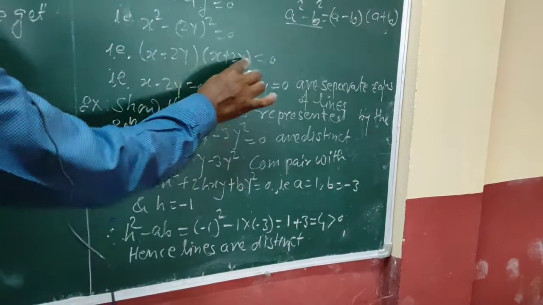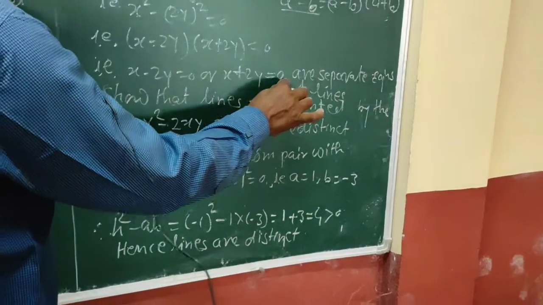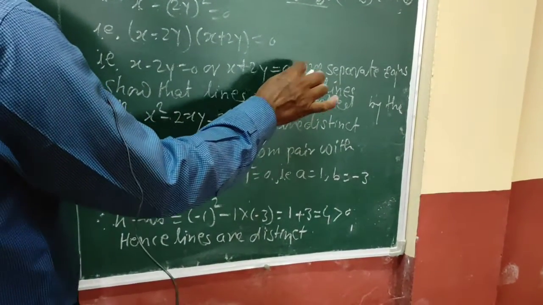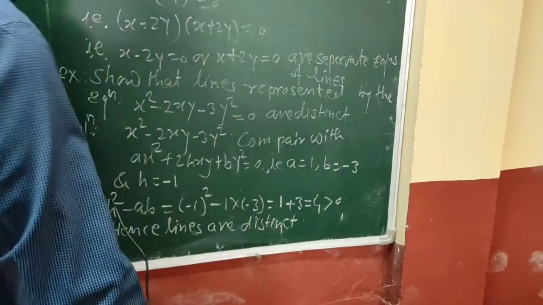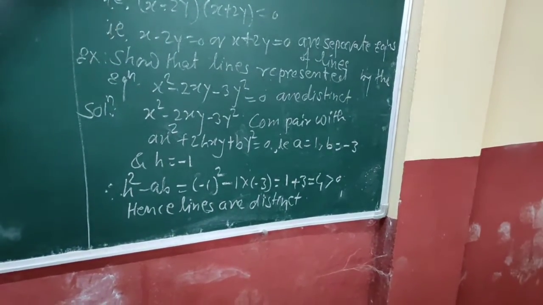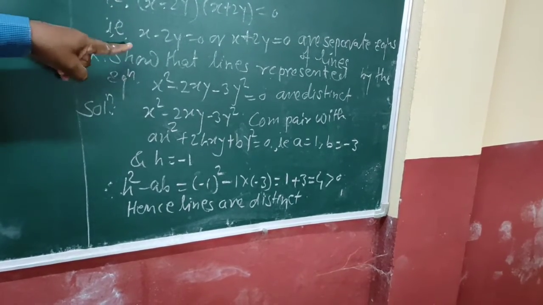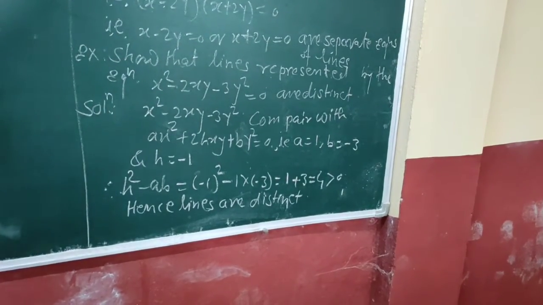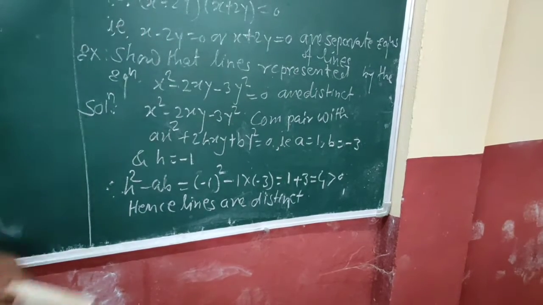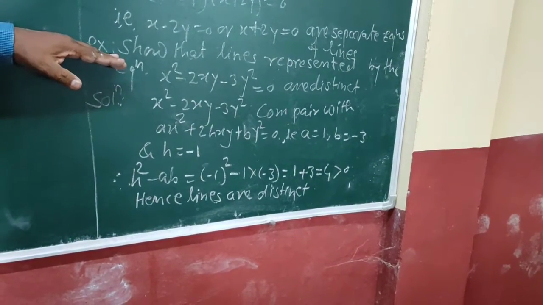First x minus twice y is equal to 0 or x plus twice y is equal to 0. These are the required separate equations of the lines. So this is a very easy method of simplification, which gives the separate equations of the lines from the combined equation of the lines.